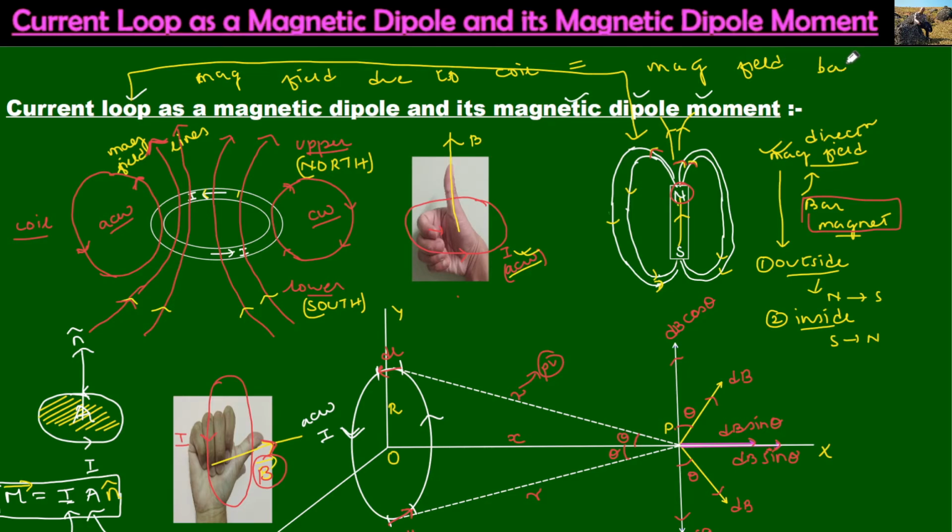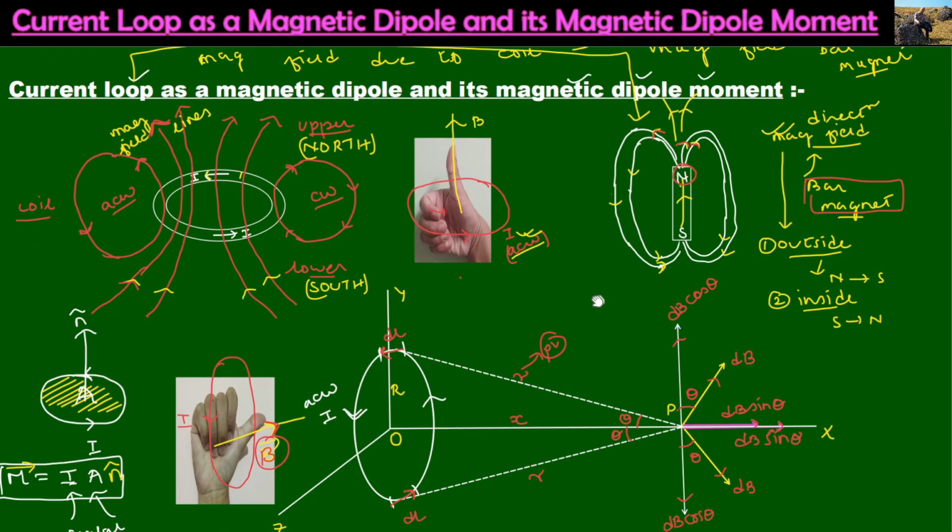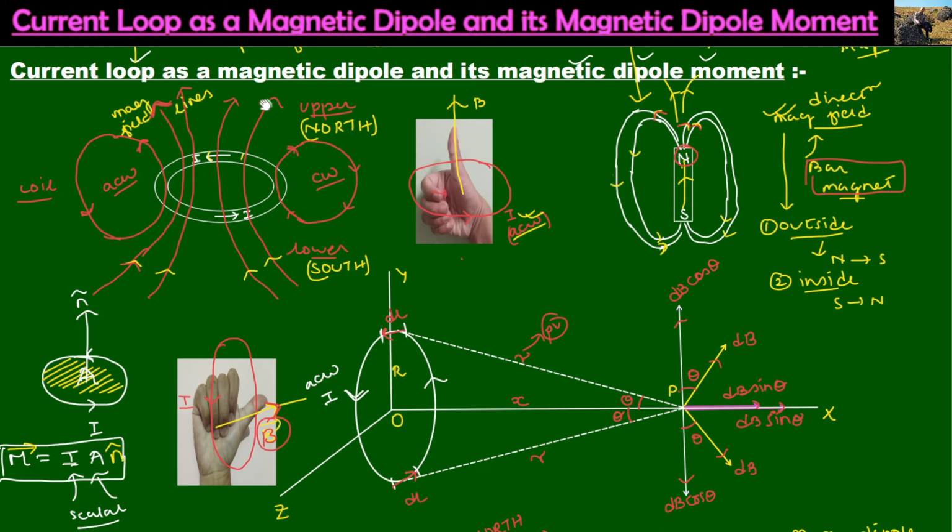That is my target. I want to show that the magnetic field of the bar magnet is the same as the magnetic field produced by the current carrying coil, so that we can explain certain features and realities of the magnetic field generated by this coil.